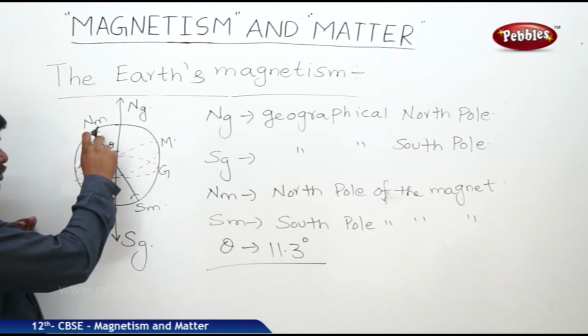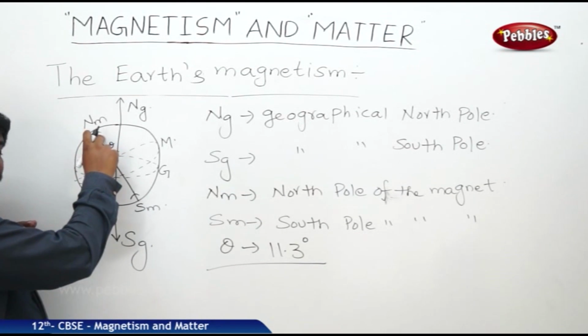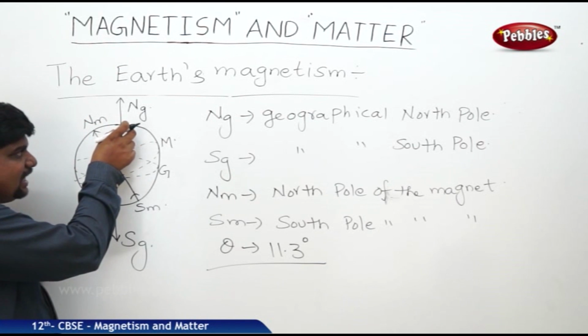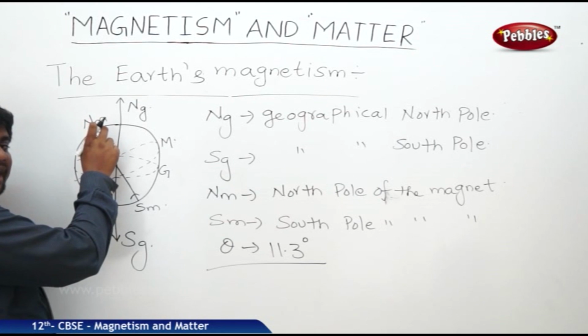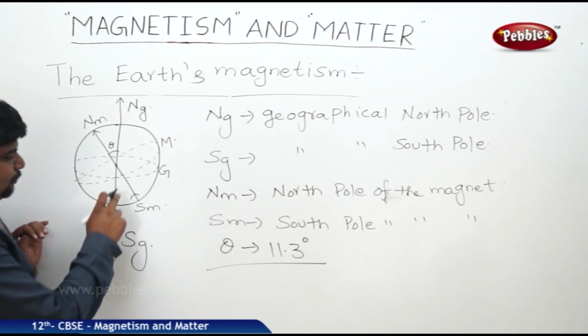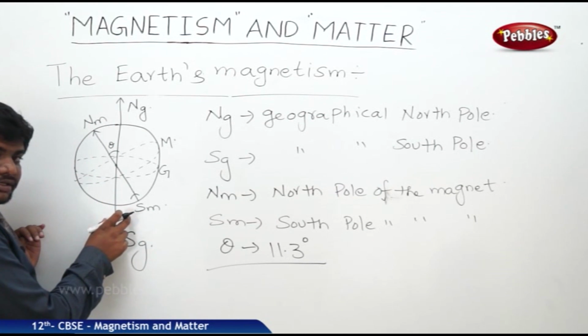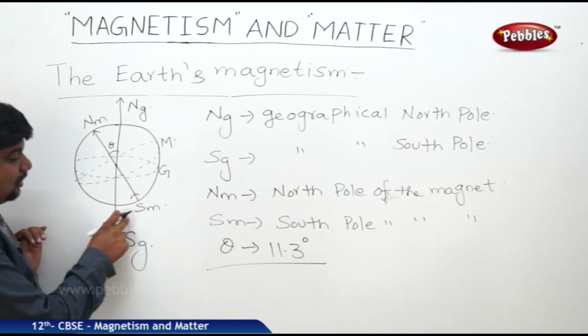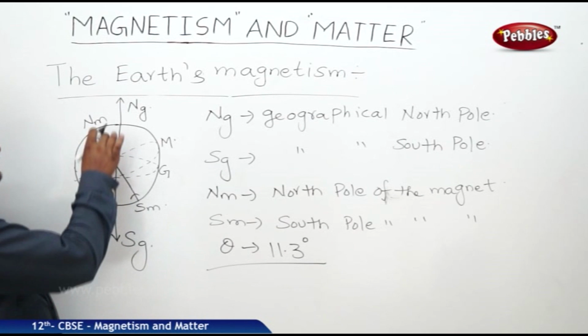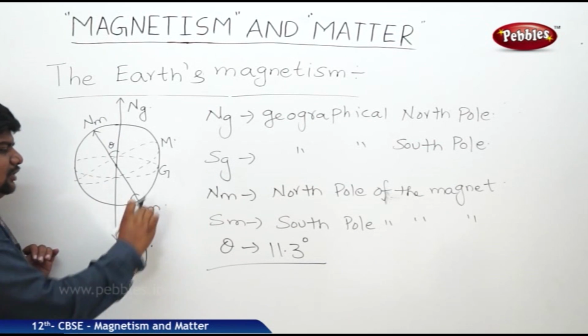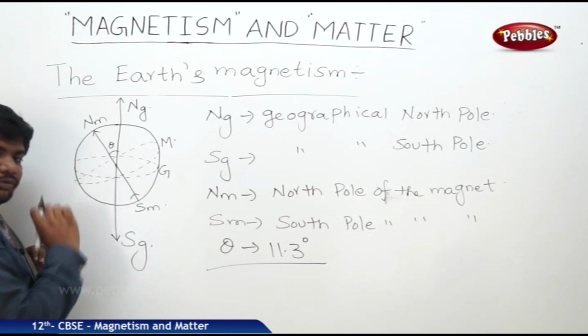The pole of the magnet which is near to the geographical north pole is the north magnetic pole. The pole which is near to the geographical south pole is called the south magnetic pole. In other words, this is called the north seeking pole, this is called the south seeking pole.